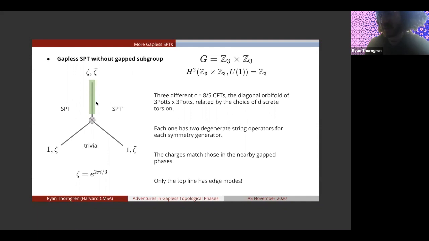We don't actually need any discrete torsion to describe this. It's like two copies of the three-state Potts model where you gauge the diagonal Z3 symmetry. Then you add some discrete torsion for the remaining Z3 times Z3. So these things don't form a group. Here we're seeing a feature that there's no group law.